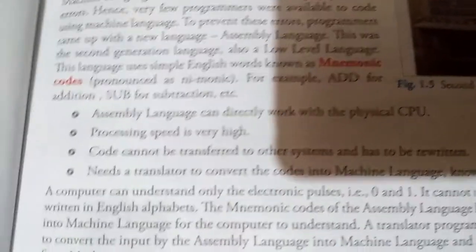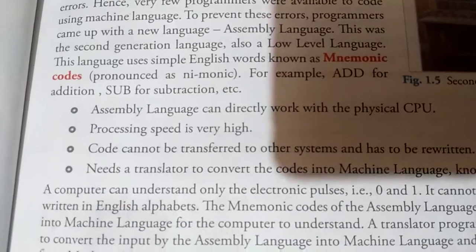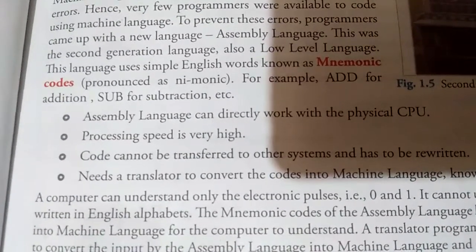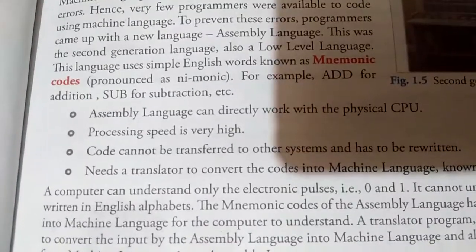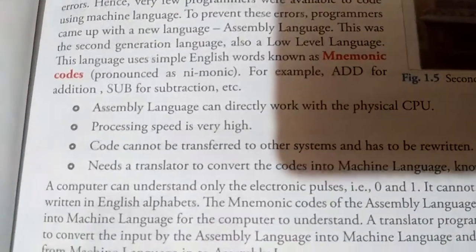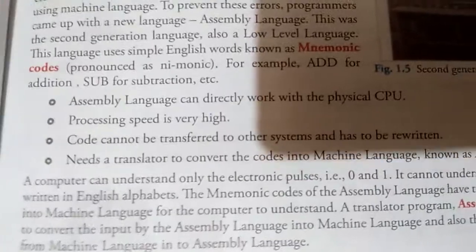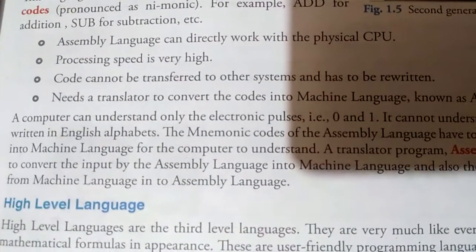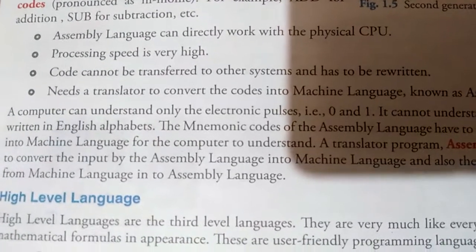For example, for addition we use ADD, and for subtraction we use SUB. So these are the mnemonic codes. Assembly language can directly work with a physical CPU.